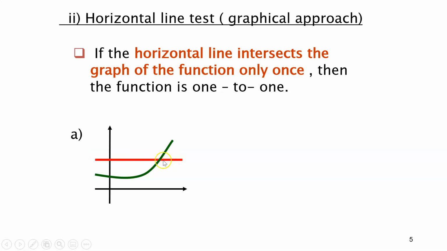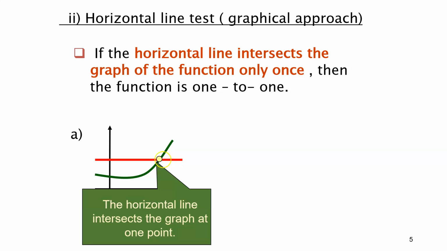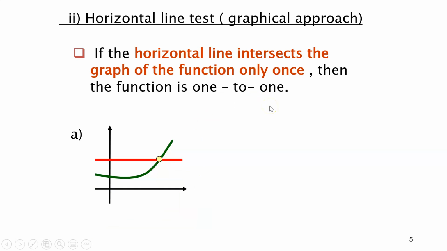If the line cuts only one point, or intersect atau bertindih ataupun potong curve tu sekali sahaja, which means that it is a one-to-one function. So the horizontal line intersects the graph at one point, which means that this graph will have an inverse function.